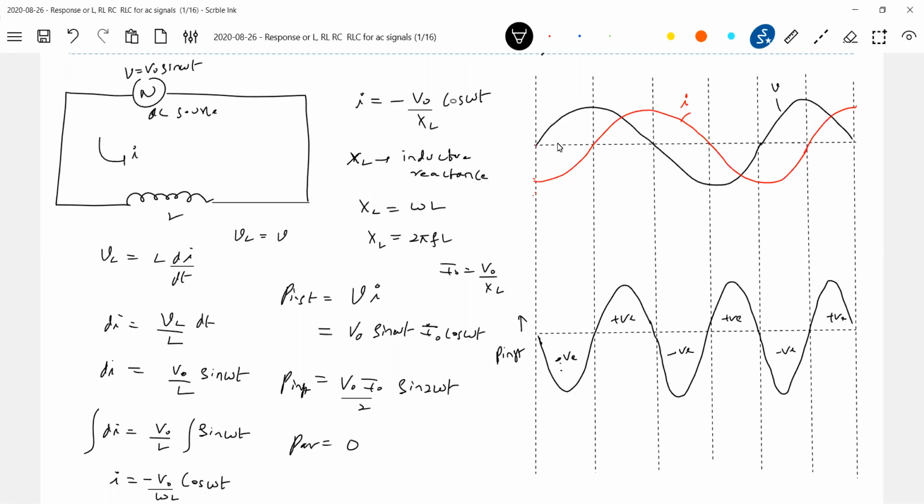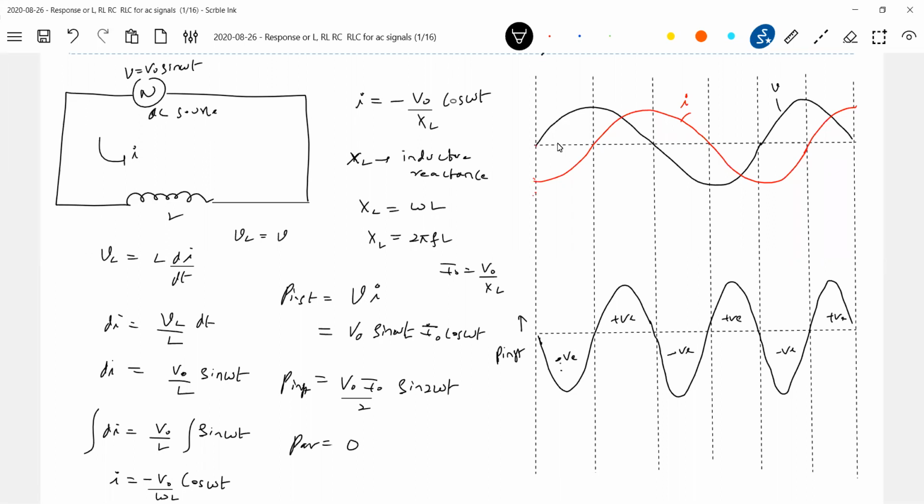So therefore, what is the inductor? An inductor is an element which will not consume power, but what it offers to the circuit is that it makes the current lag the voltage. Able to get this one? It will make the current lag the voltage. That's what the inductor does here.